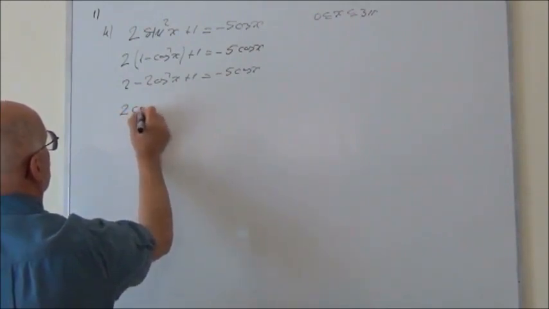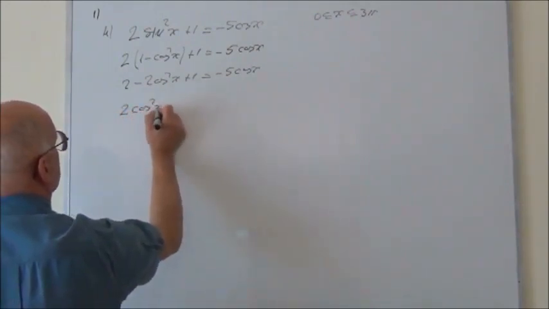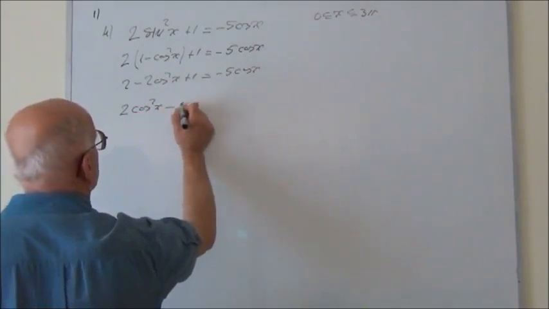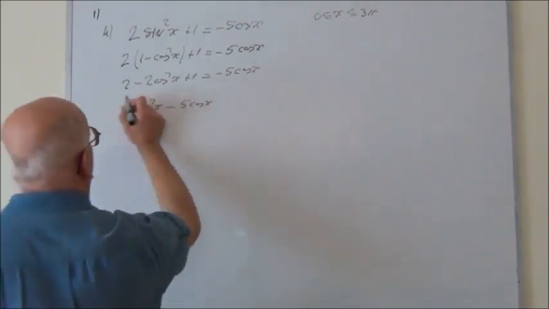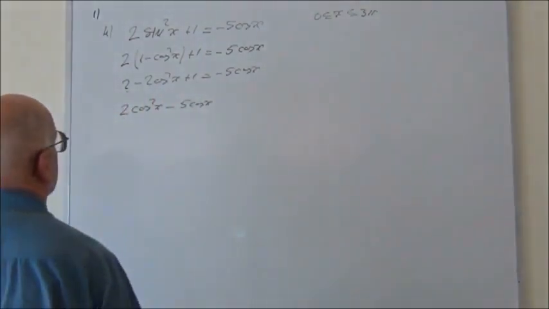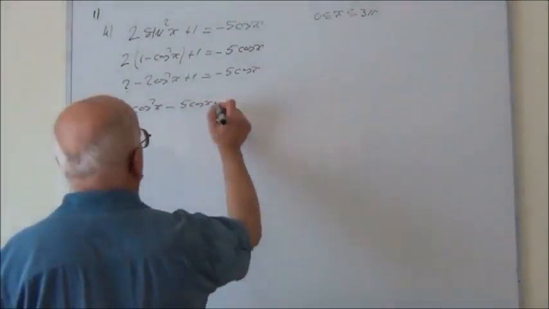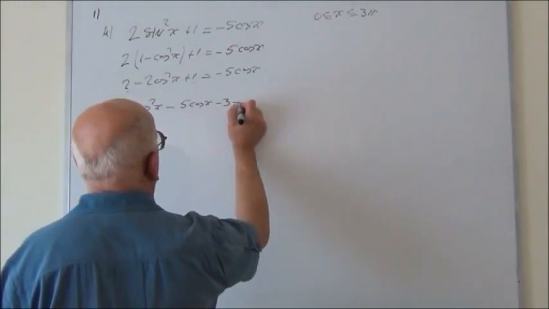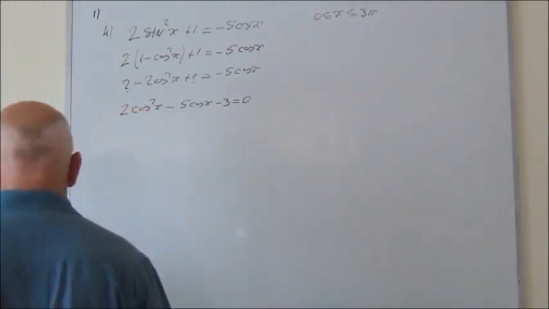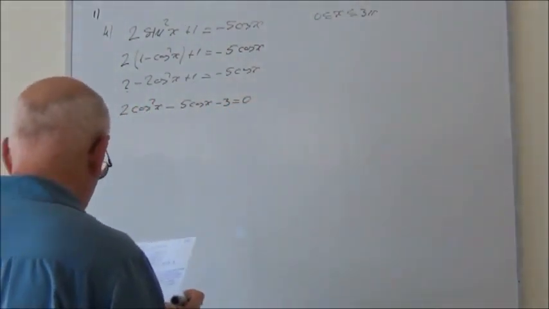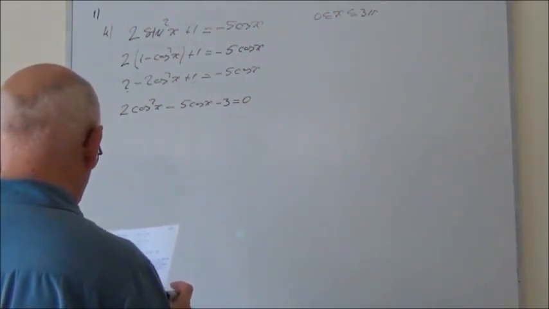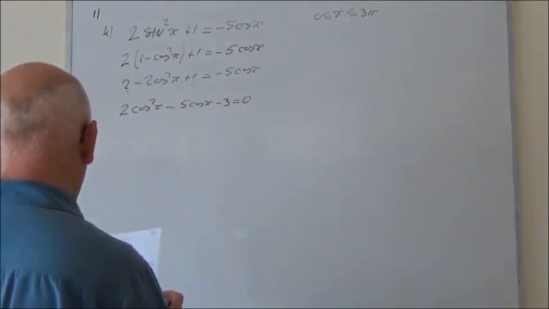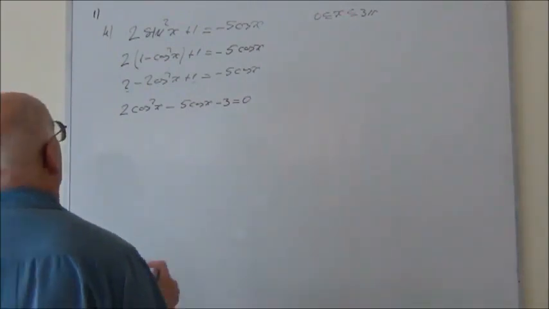Then will be 2 cos squared x minus 5 cos x, and 2 and 1 is 3, on the other side is minus 3 equal to 0. Is that correct? Yeah, it is.